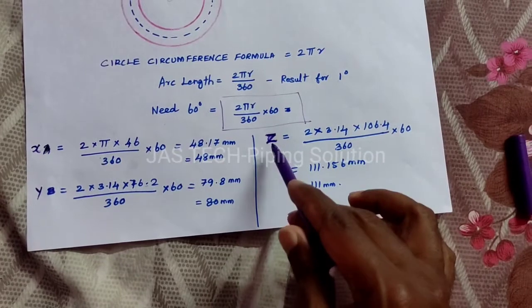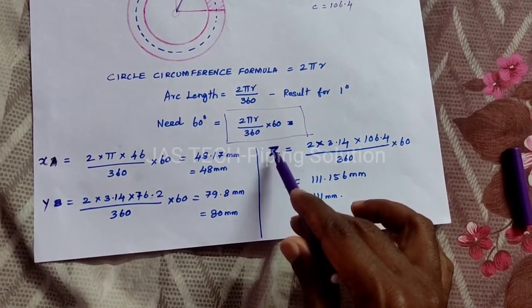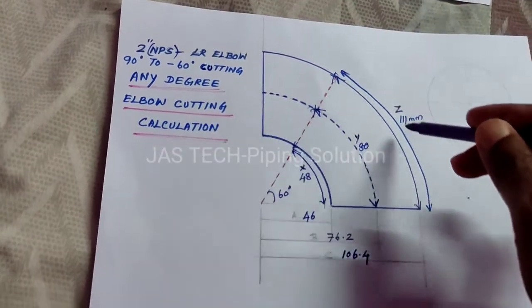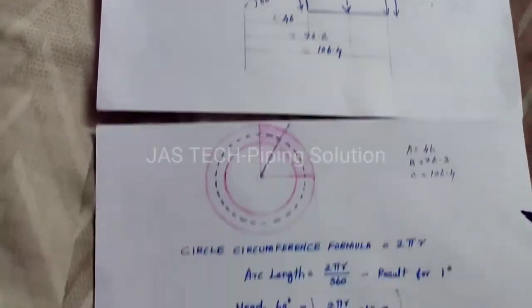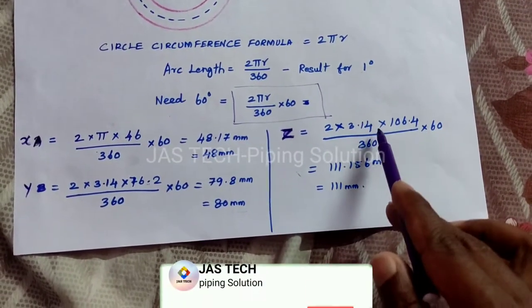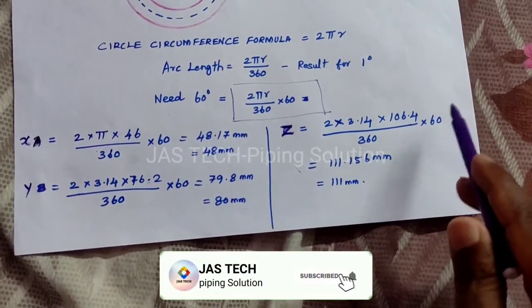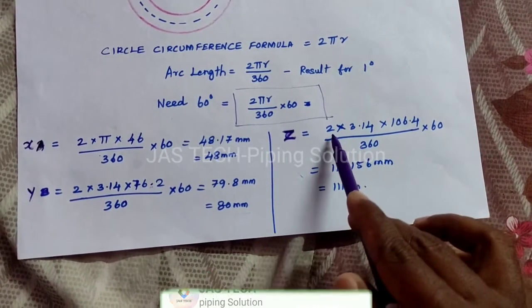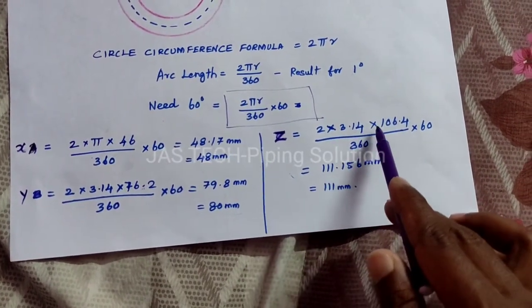Last one, arc length Z. Arc length Z means this distance. Same above formula, 2 pi r divided by 360 multiplied by 60. So 2 constant, pi value 3.14.